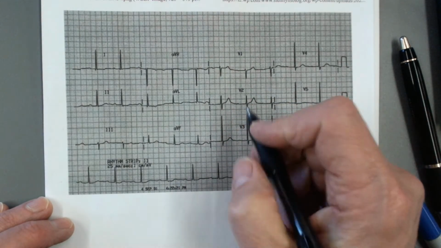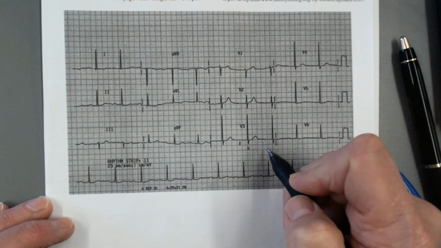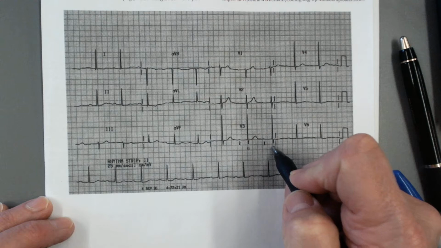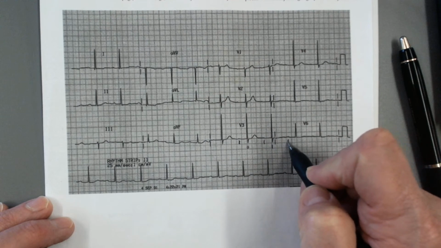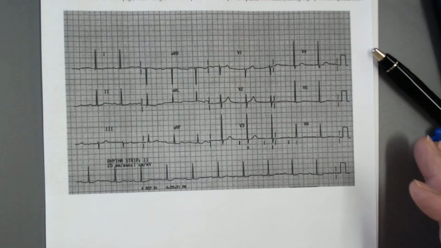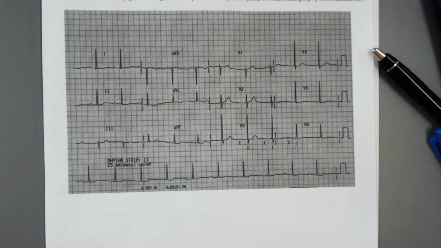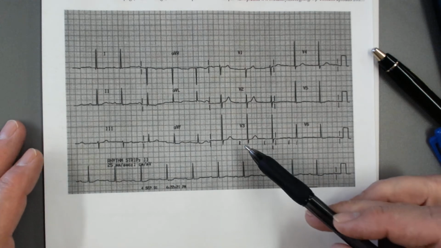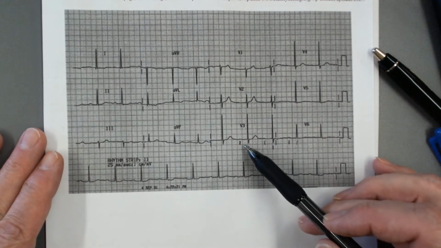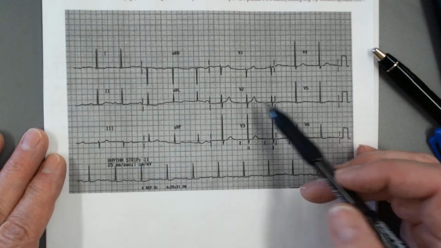So here's our P wave right here, and here's our QRS. P wave right there, QRS, P wave right there, QRS. This is a delay. The signal to beat has trouble going from the AV node down to the rest of the heart. It gets there, but it takes a while to get there.